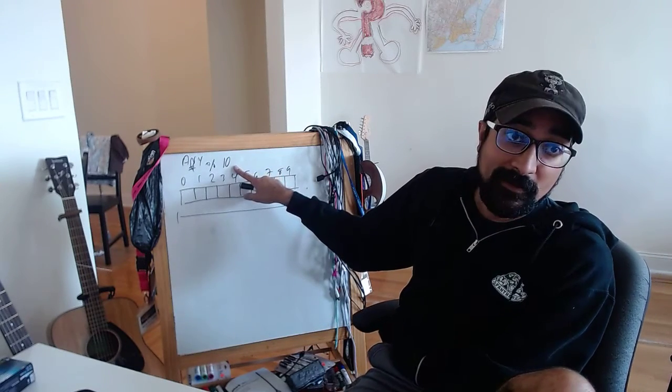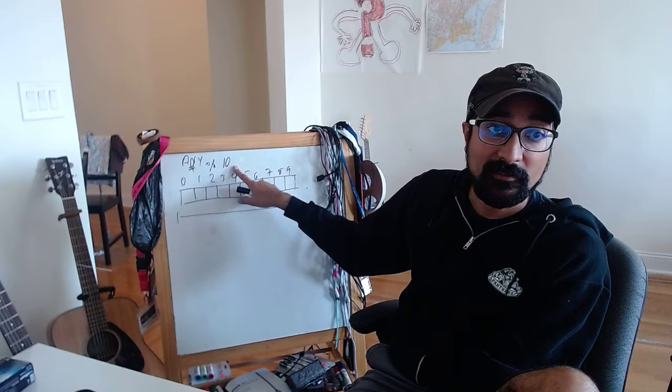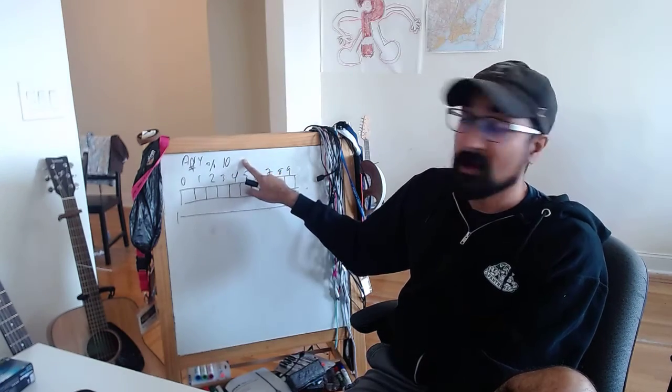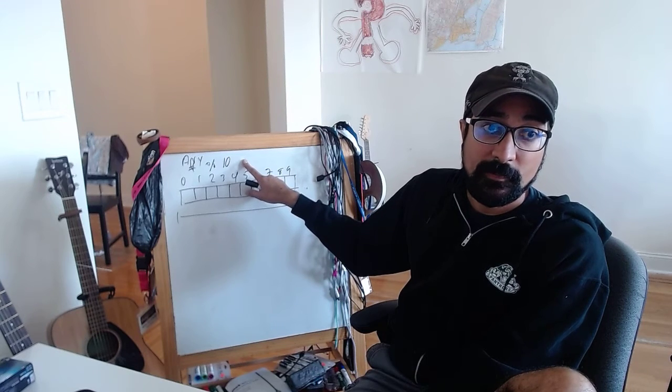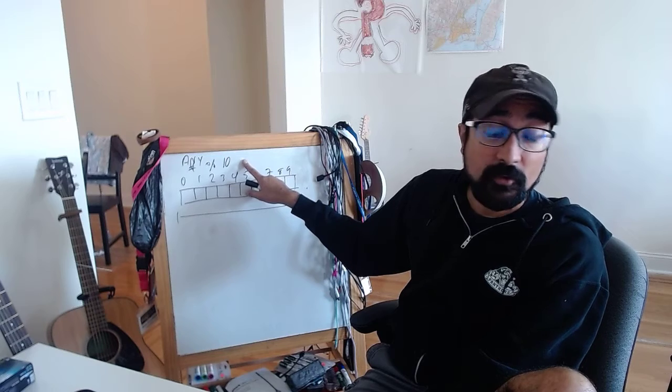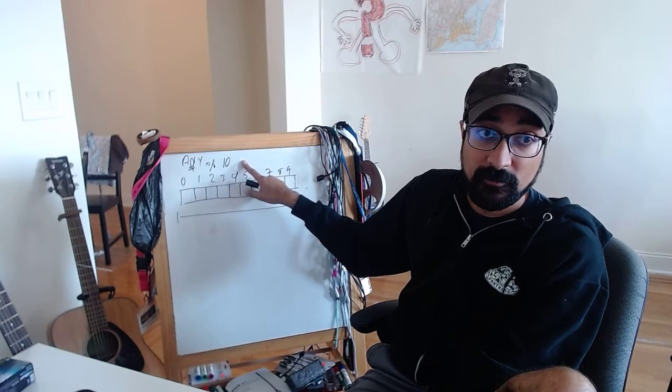Well, you can imagine 10 modulo 10 is going to be a remainder of 0, right? And then 11 modulo 10 is going to be a remainder of 1, right? 10 goes into 11 one time with a remainder of 1.